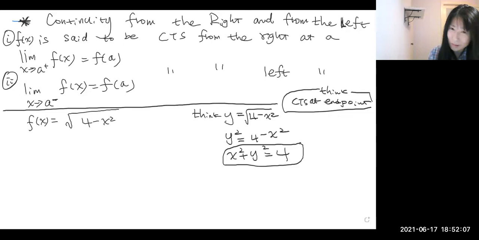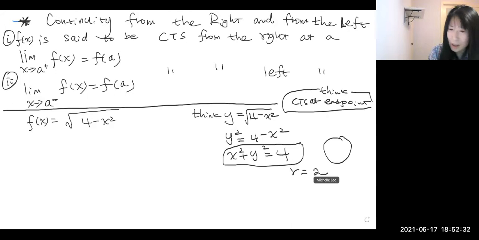What's the graph? Is it a circle? Yeah, it's a circle, and the radius equals 2.